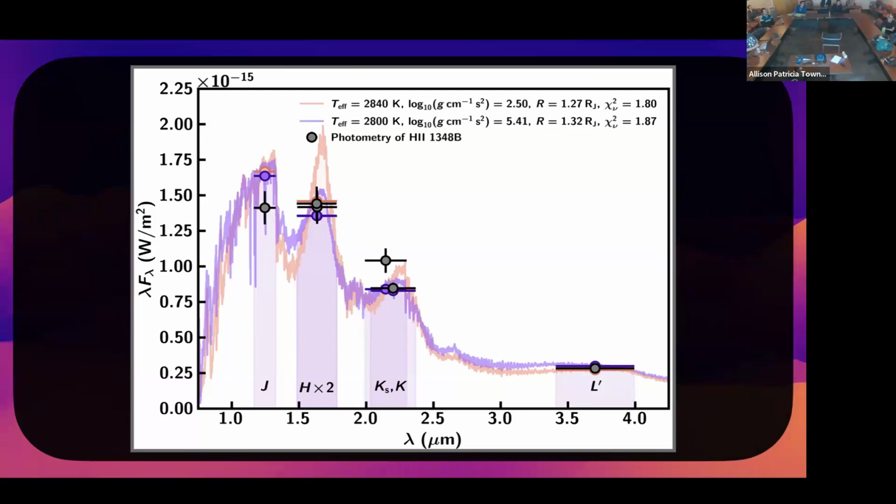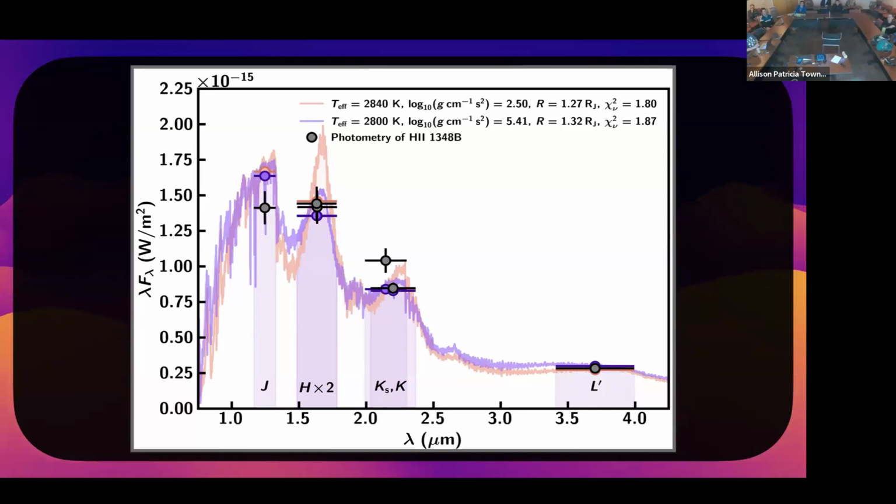Sarah? Yeah, it was really nice talk. Thank you. I was going to ask about this plot. Are those varying points, your left, right, and 1, 2? Oh, right. Yeah. So these black and gray points are the observed photometry. So our L prime here is averaged over the 4 images, 2 apertures and 2 nodding positions. And then the purple and the pink points are synthetic photometry from integrating these model spectra over the bandpass of the filter.